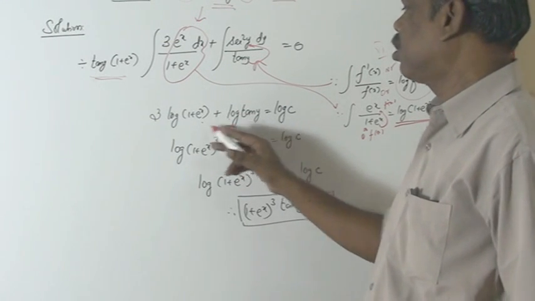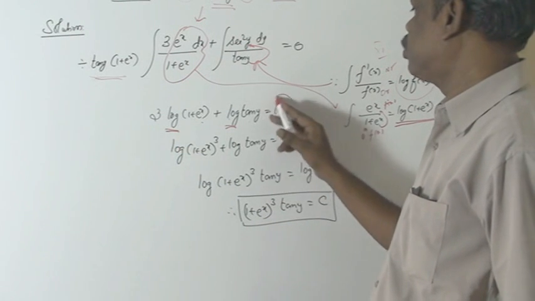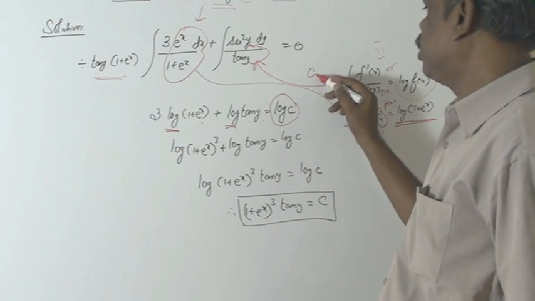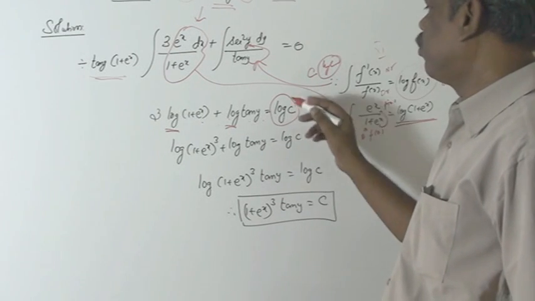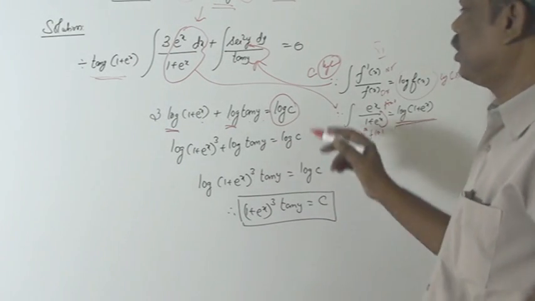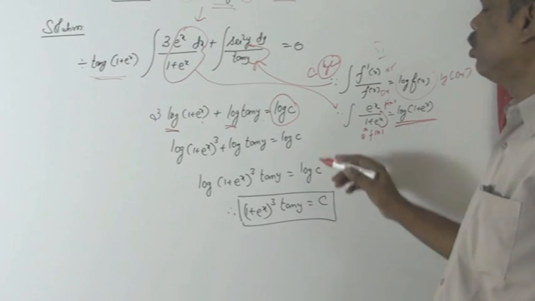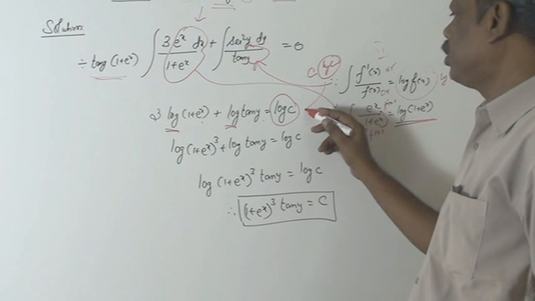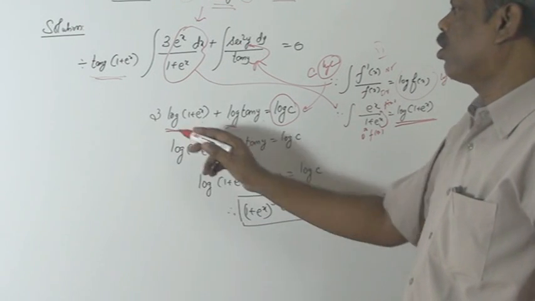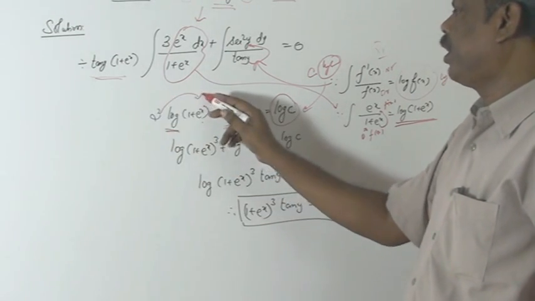Since we are having log on the left hand side, therefore we can introduce log c. We can use c also as well as log c also. Why are you using log c? To convert the differential equation into an ordinary equation in the standard form. So that is why you are using log c here. According to the power rule, we can take this power to the numerator.